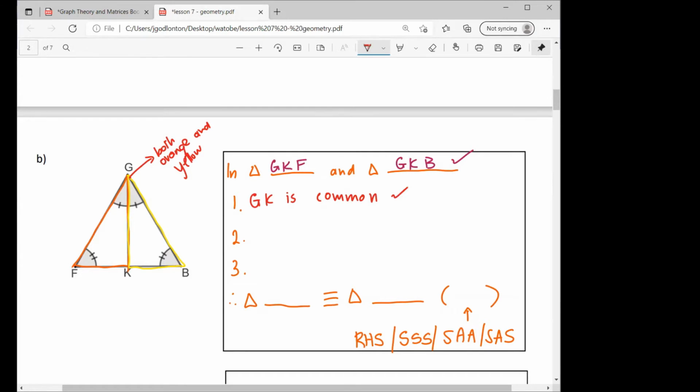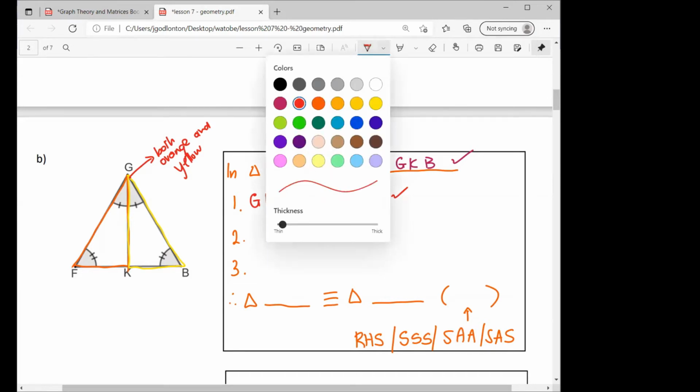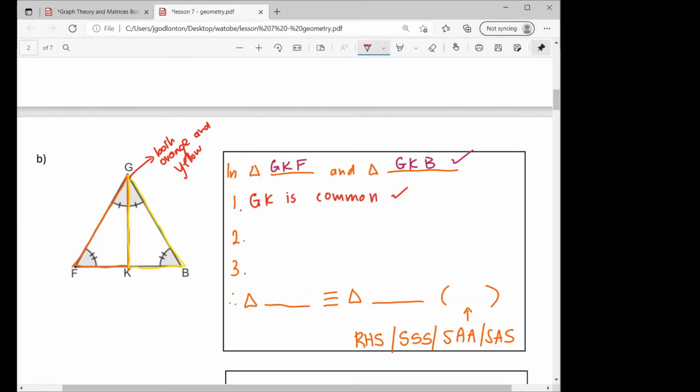Okay, now I want you to tell me something that has been given to you. So find something in this picture where they've told you information. So what could be equal to what? And my reason would be given.